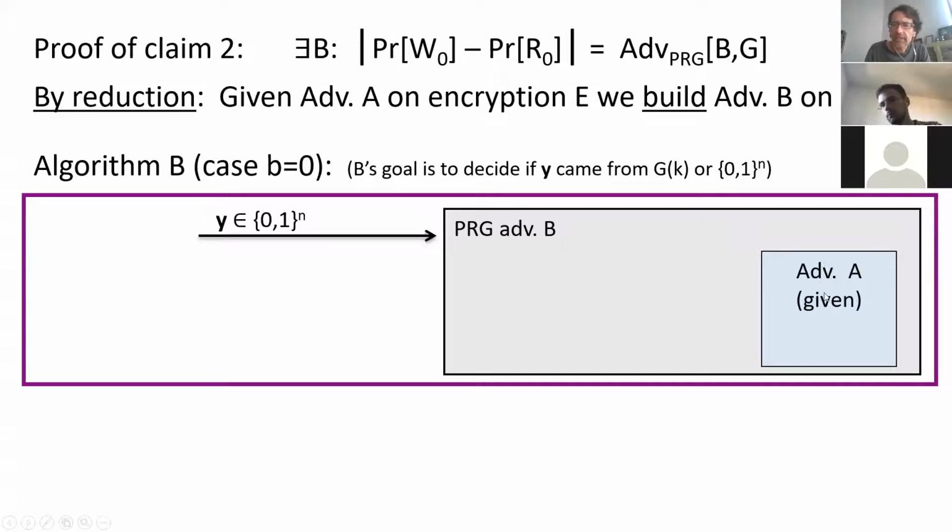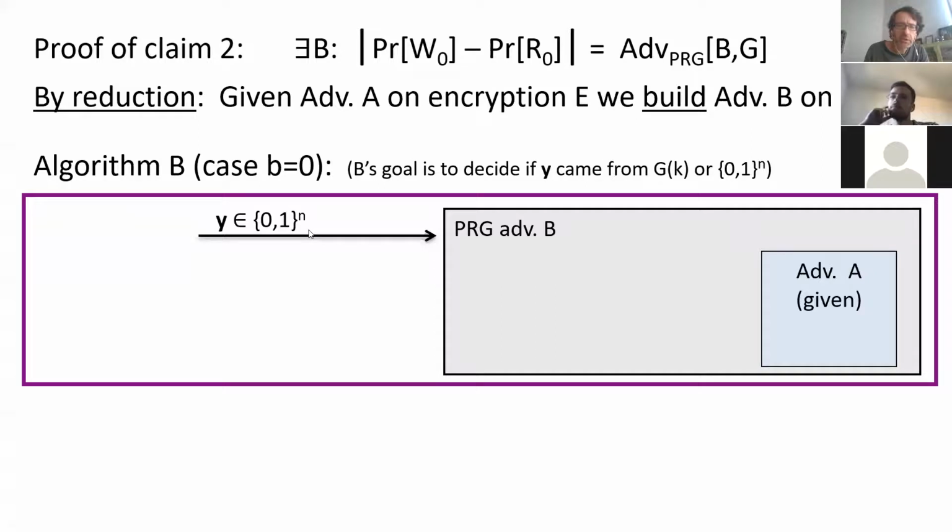You are given an attacker which has some distance between how he acts here, which is how he acts on M0 XOR G(K), and how he acts here, which is how he acts on M0 XOR R for random R. We want to build an attack on a PRG.